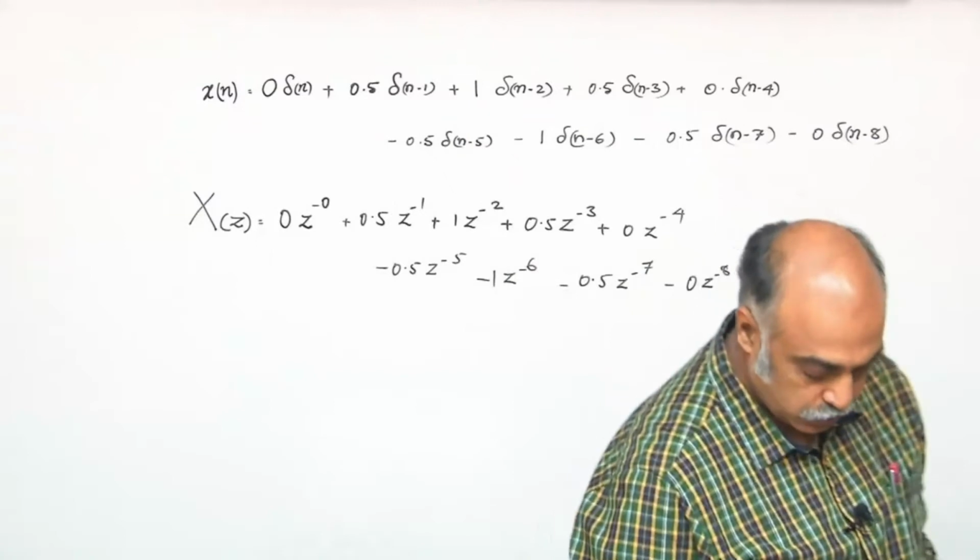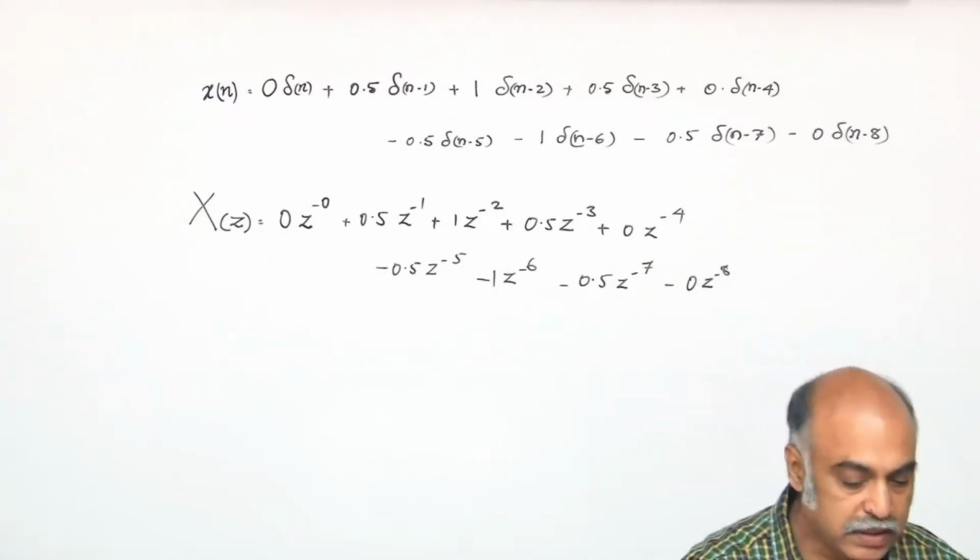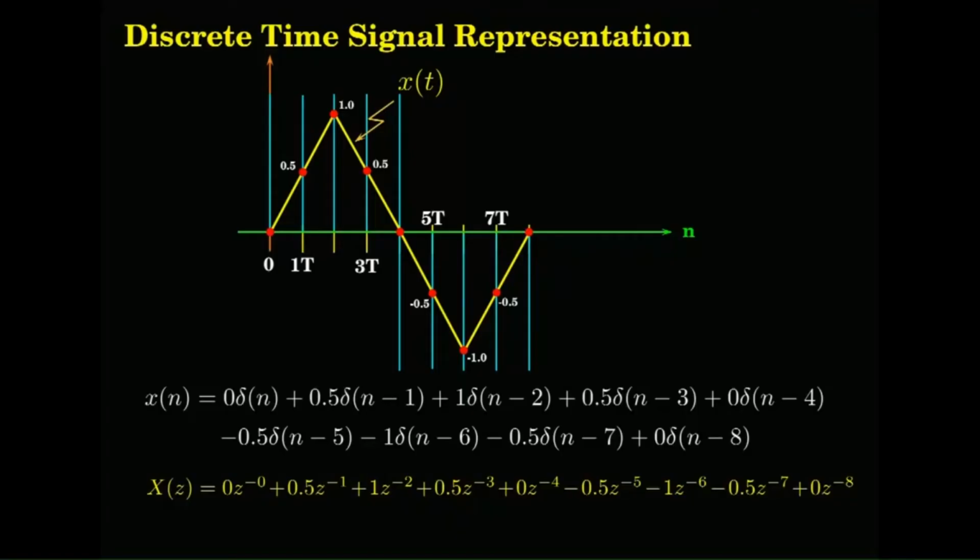Because it is 1 to 1, it is actually very simple. You just take the same coefficients, and the beauty here is that it is now a polynomial in z, and you can do all possible mathematical analysis that a polynomial can take.